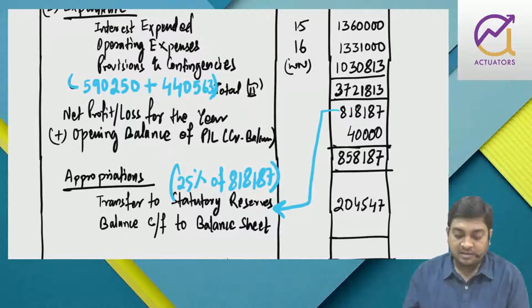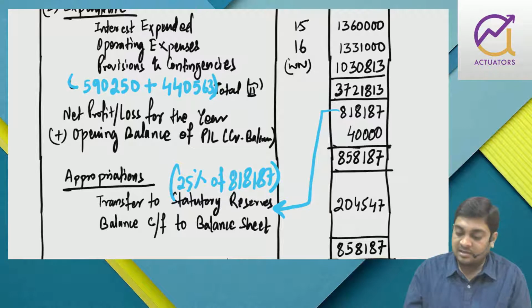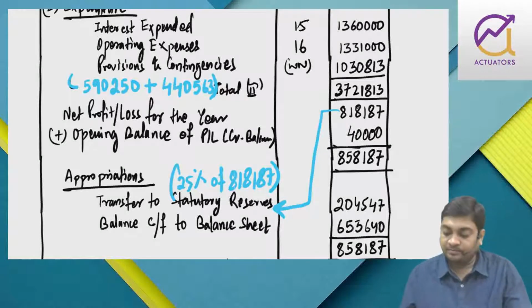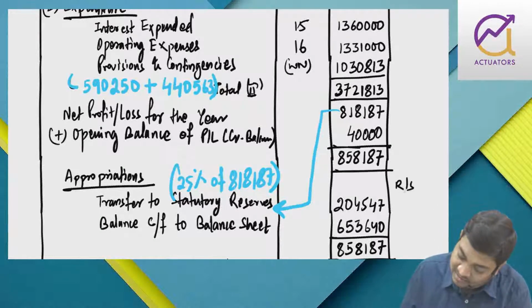So 858,187 is the total, minus 204547. So this will be carried forward to balance sheet. Basically both will be shown under reserve and surplus.